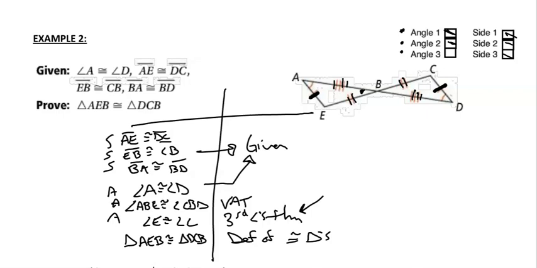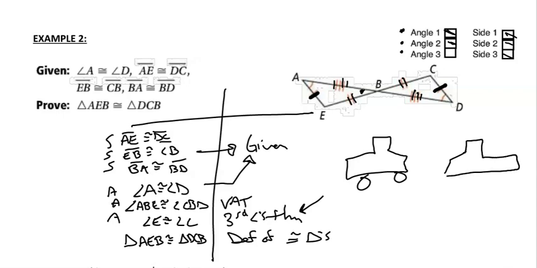The concept here for what we're doing in this section is, let's say you had two trucks and you were pretty sure they were congruent trucks, but you weren't 100% sure. One way you could do this is check that wheel and check this wheel and make sure they're congruent. Check that wheel and check that wheel, make sure they're congruent. Check the windshield, make sure they're congruent. Check the headlights, make sure they're congruent.